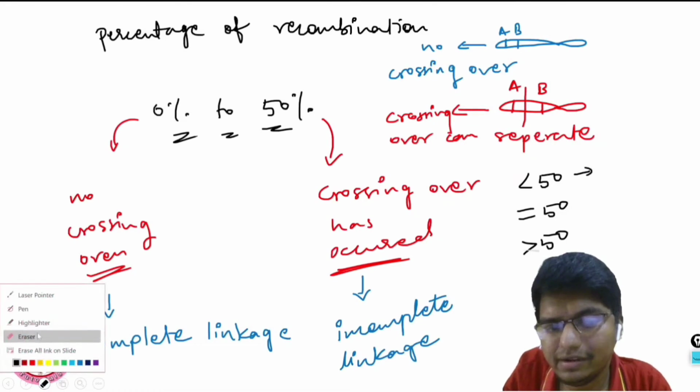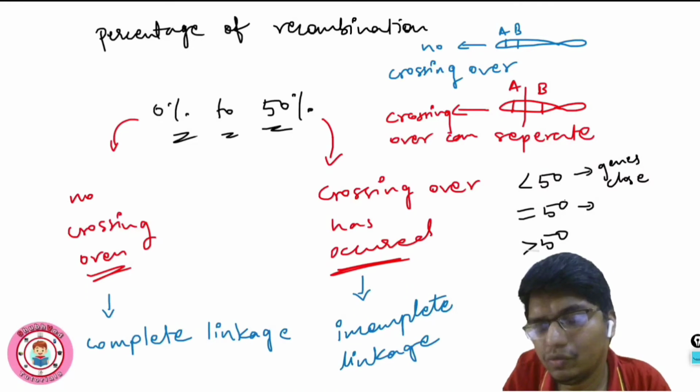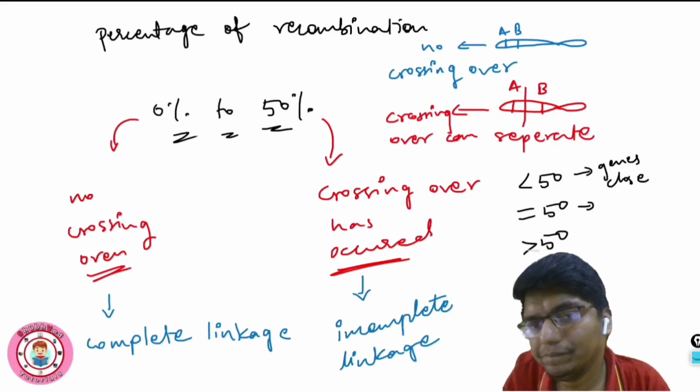I will just write here, genes close. Equal to 50% means crossing over has occurred, and what we can see is incomplete linkage.